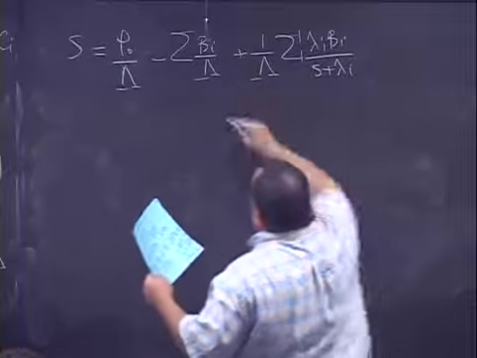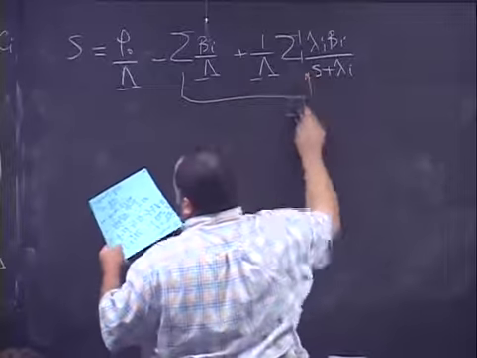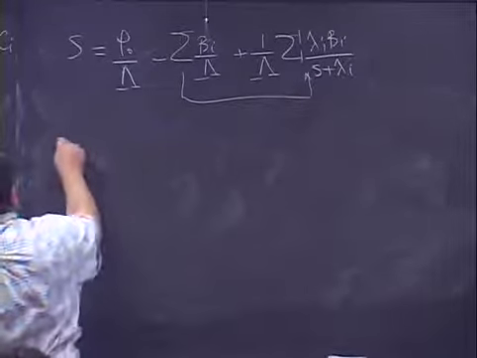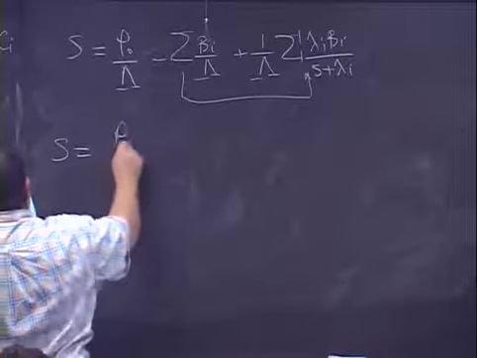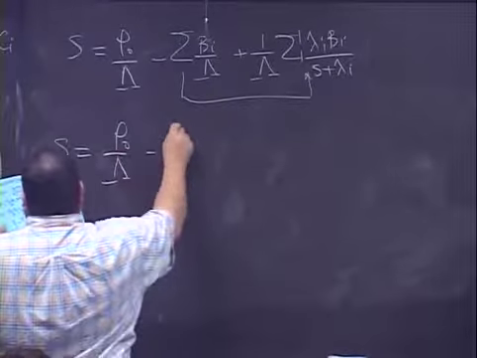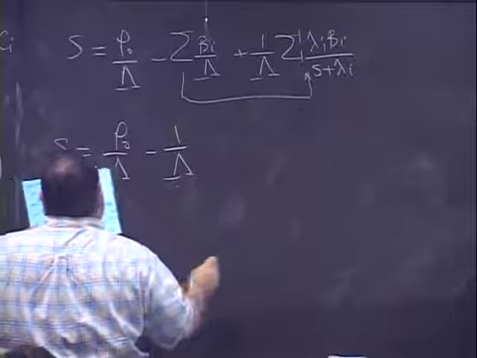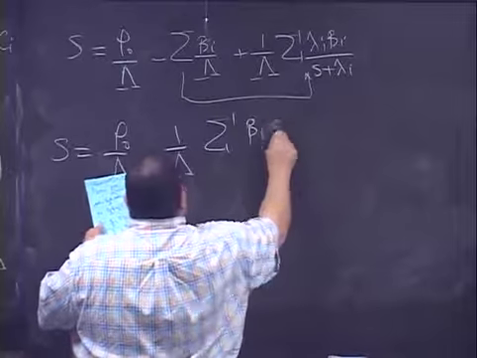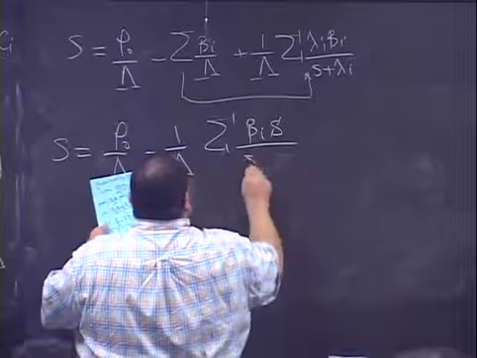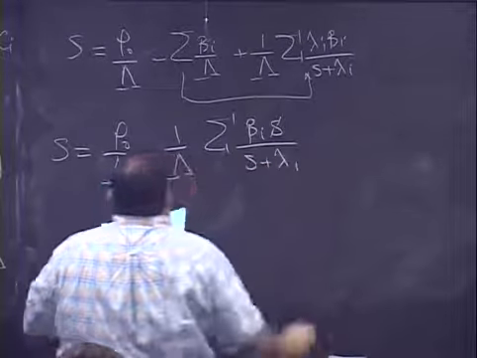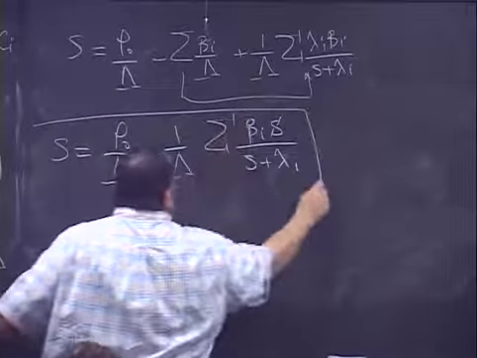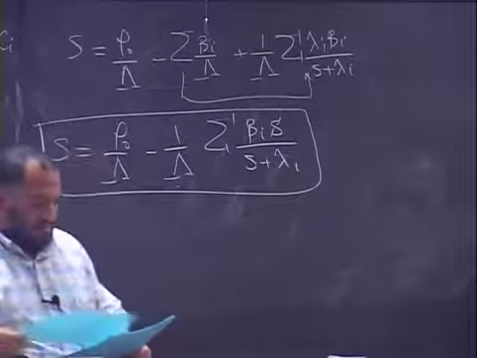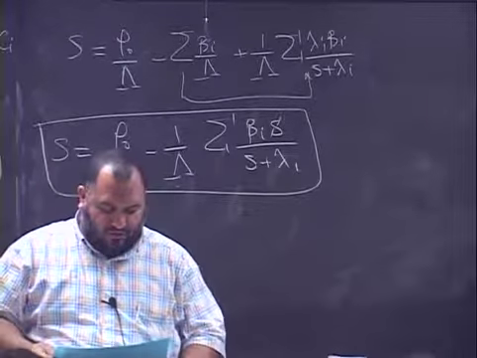And if you sum this with this and unify the equation, this will give you rho naught over gamma minus 1 over gamma summation of beta I s divided by s plus lambda I. So this is just an equation that we can solve.